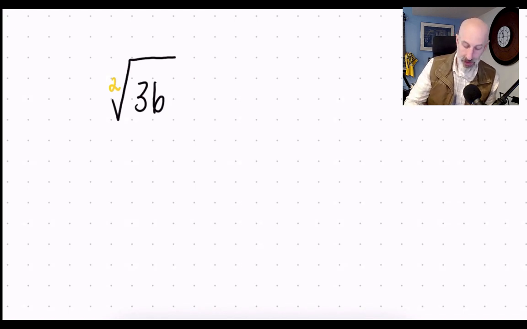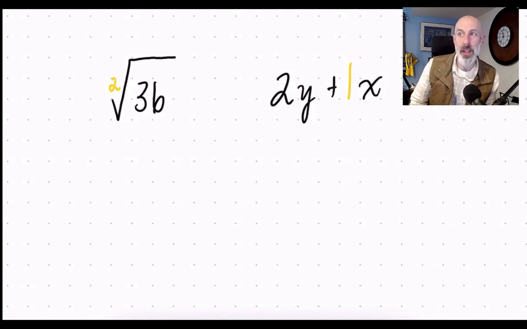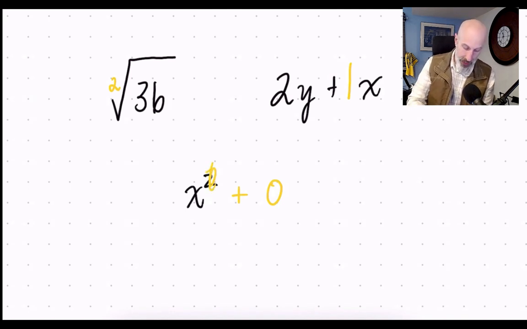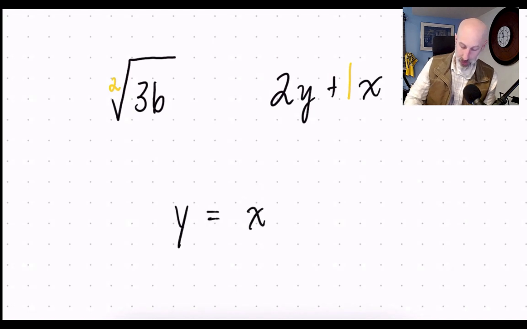Or when you have the value of 2y plus x, well, you don't write it, but there's a 1 in front of it. Or even if I have the value of x squared, I guess you could technically say there's like a +0. If I wanted to know y equals mx plus b, there's an implied 1 on the x and an implied 0 as the intercept.